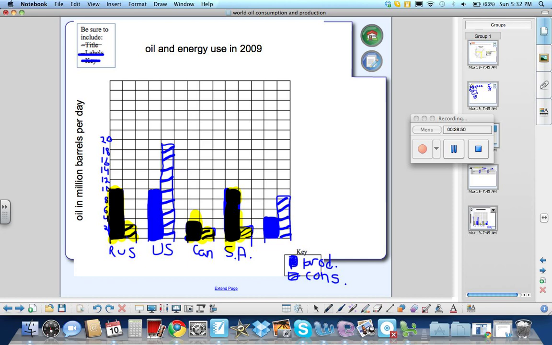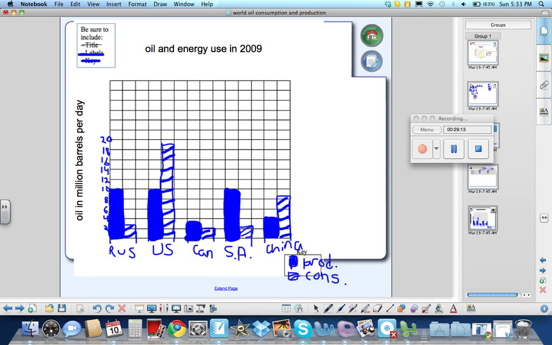Number 4, which country consumes more oil than produces? So now we're looking at it the other way. Which countries use more than they produce? I think I forgot to put China over here. This is supposed to be China.